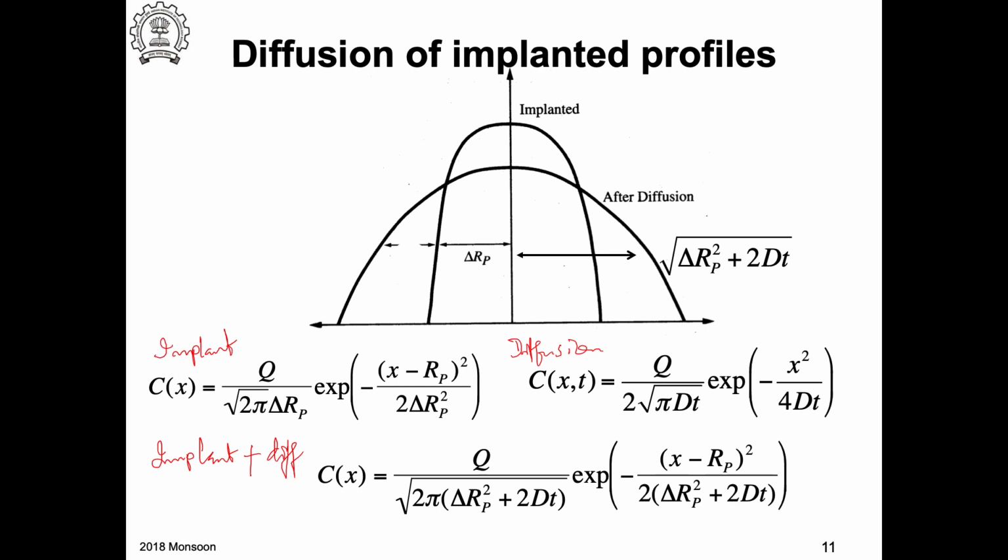So this is rather simple. Essentially you are modifying this equation, and we said that delta Rp square is equal to 2 times Dt. So I take the equivalence of the equation. You are just adding the thermal budget, so to say, to this equation.